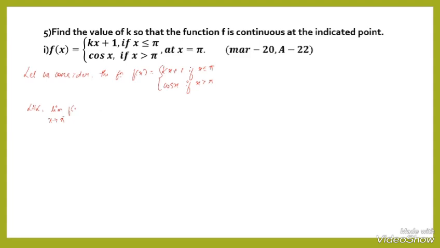Here we will roughly draw the function. At x equal to pi, x less than pi, and x greater than pi. At x equal to pi, the value is kx plus 1. At x less than pi, the value is kx plus 1, and for x greater than pi it is cos x.